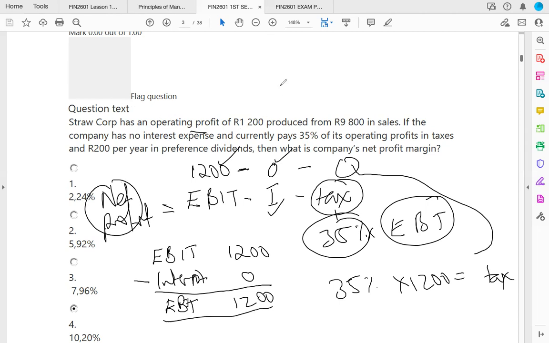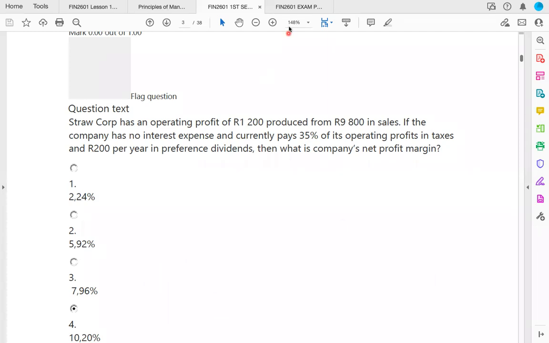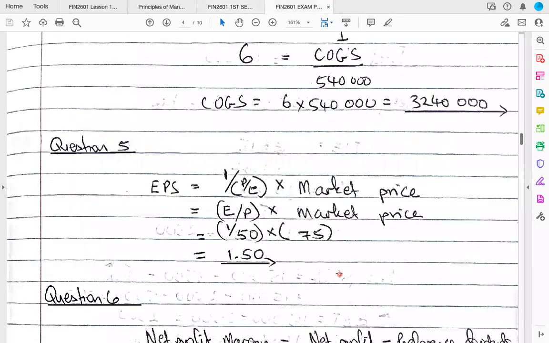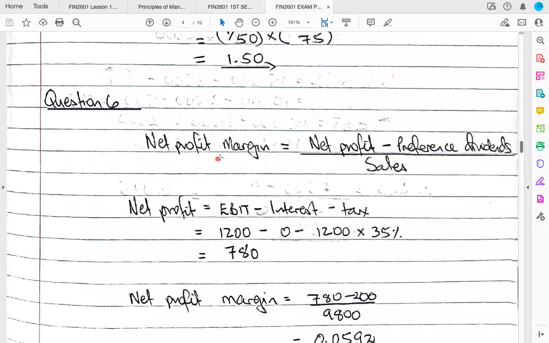Then we can substitute that net profit into our formula to calculate the net profit margin. So the calculation is on the screen here. Net profit margin is equal to net profit minus preference share dividends over sales. Our net profit is equal to our EBIT minus our interest minus the tax.